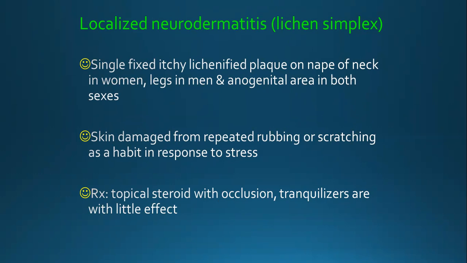Skin damage from repeated rubbing or scratching occurs in response to stress. It becomes a habit. Treatment: topical steroids with occlusion, tranquilizers with little effect. This is the neurodermatitis on the nape.